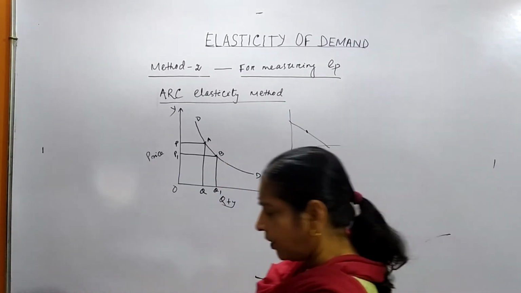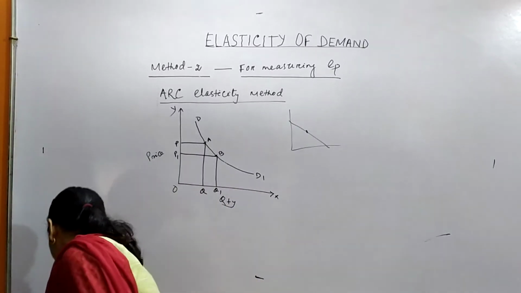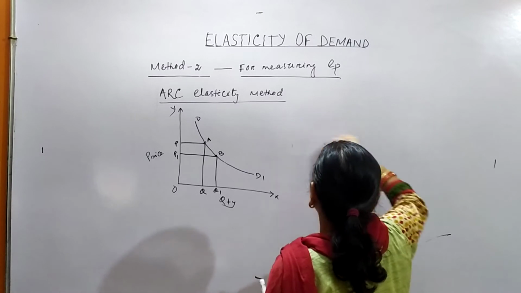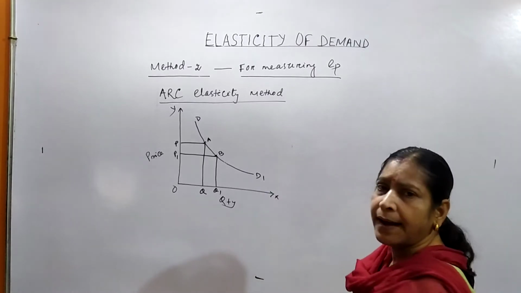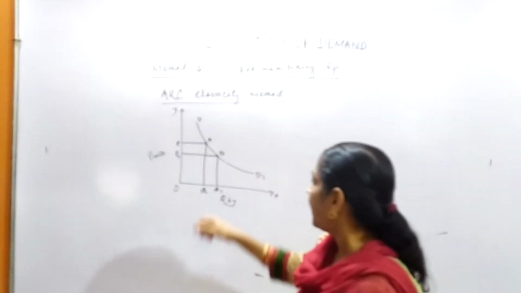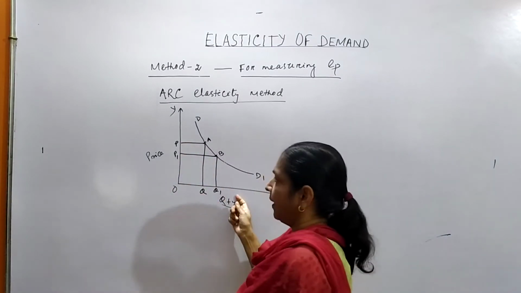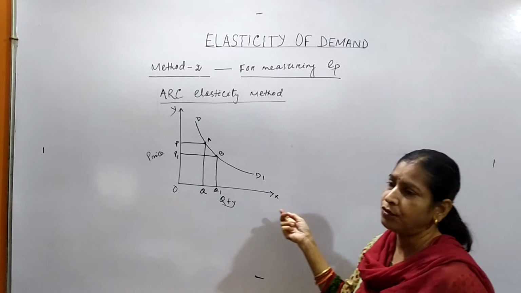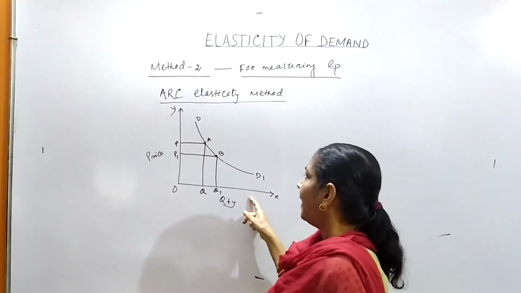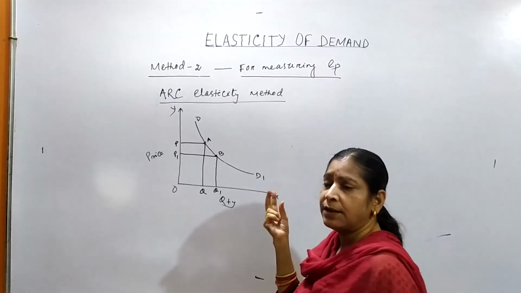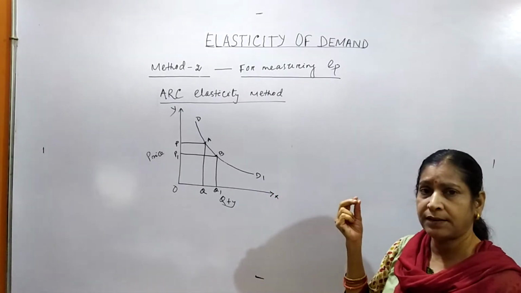Now the formula for measuring arc elasticity: we see there are 2 prices and 2 quantities, price P and P1, quantity Q and Q1. Unlike the point method, where there is 1 price and 1 quantity because the change was very small.